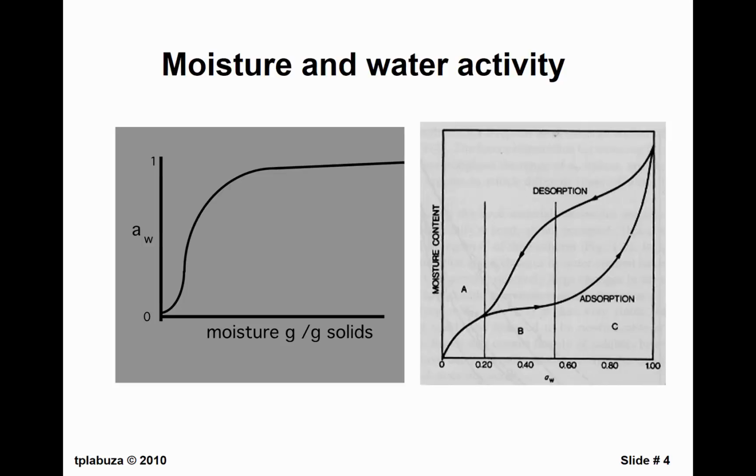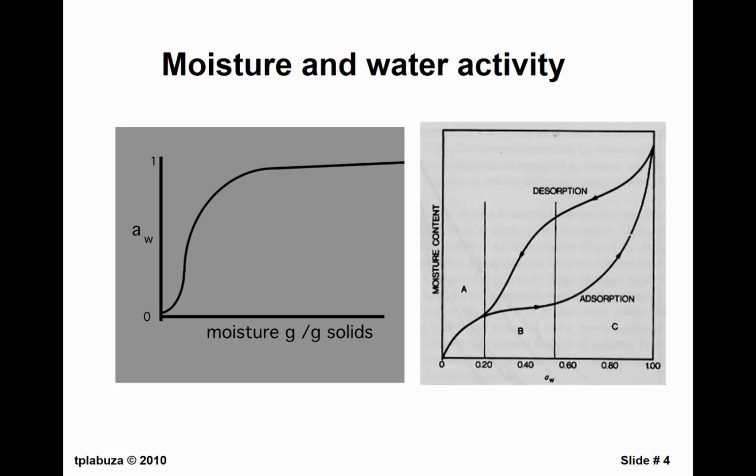If we do adsorption versus desorption, you're going to see a very interesting thing. We call it hysteresis, that there are two different moisture contents at a given water activity. That's breaking thermodynamic law.